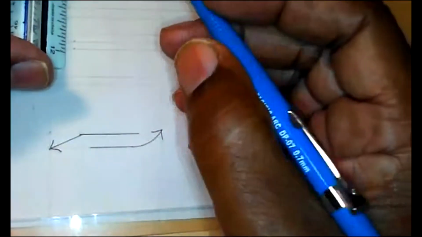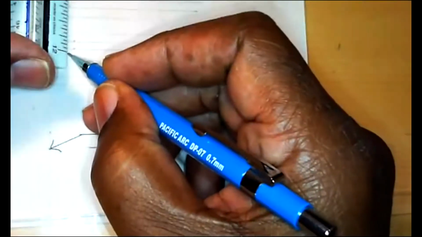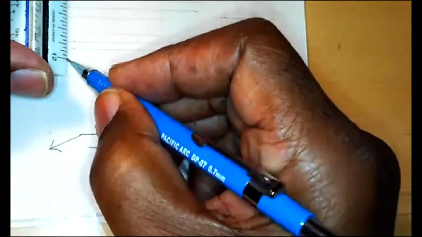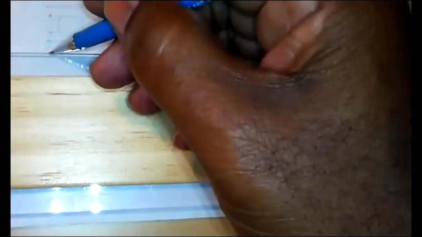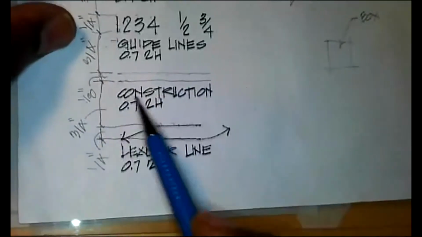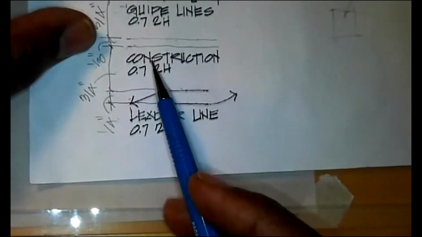Then I need 1/16 space again, and 1/8 of an inch text. All right. That brings us down to the construction line that we're doing right here.